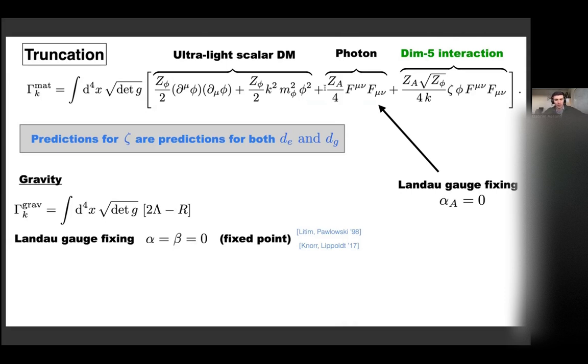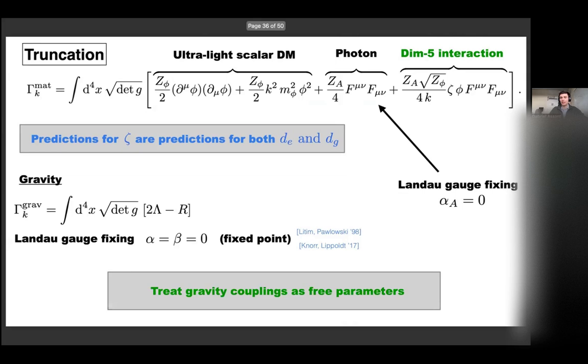As you know, Landau gauge fixing is useful because this is a fixed point of the RG parameters. Other than this, we will keep G and lambda as free parameters, and we will study what the relevancy is of this dimension 5 operator as a function of lambda star and G star, or potential fixed point values for this gravitational sector. Very good. Please interrupt me if you have any questions, by the way.